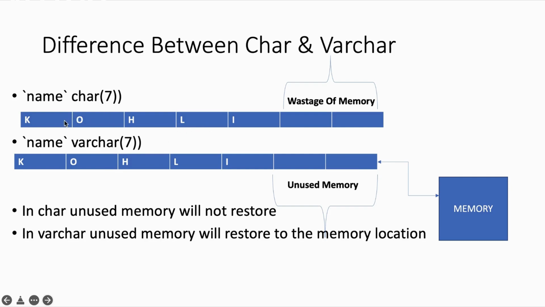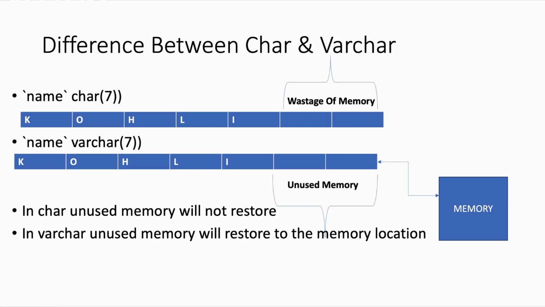For both char and varchar we stored the same data, which is kohl, just 5 characters. But the remaining 2 characters are a wastage of memory. So in char, the remaining 2 will be wasted.